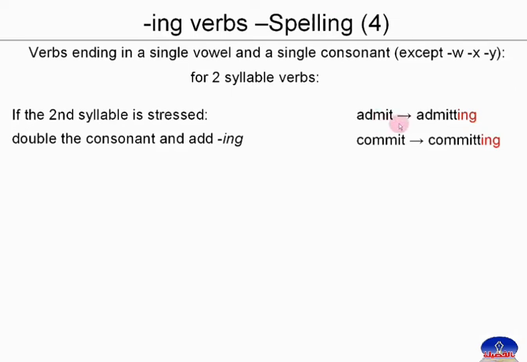Admit becomes admitting. So we double the consonant, we double the letter T, and we add ing. Commit becomes committing. We add a letter T, we double the letter T, and we add ing.